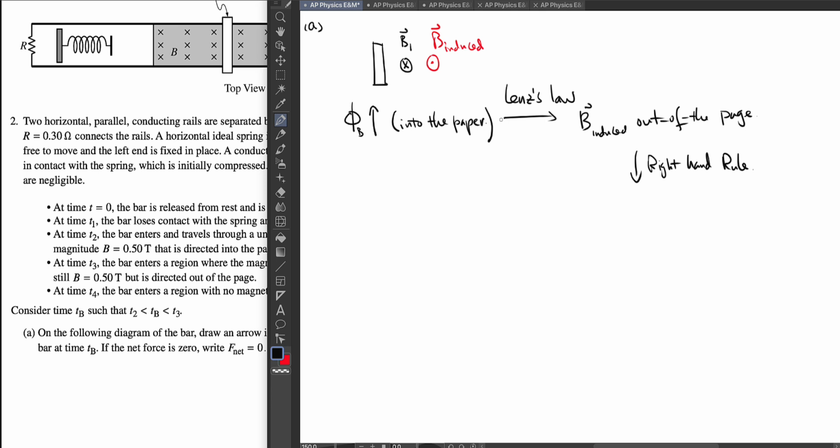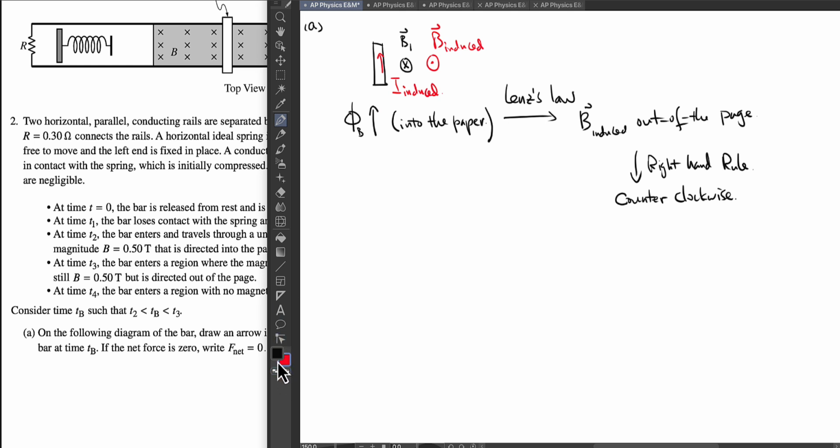So the induced current direction would be counterclockwise. Meaning if I draw the current on the metal bar, it will be this way. So that's the I induced. It's counterclockwise. So now we're thinking about the magnetic force acting on this induced current.